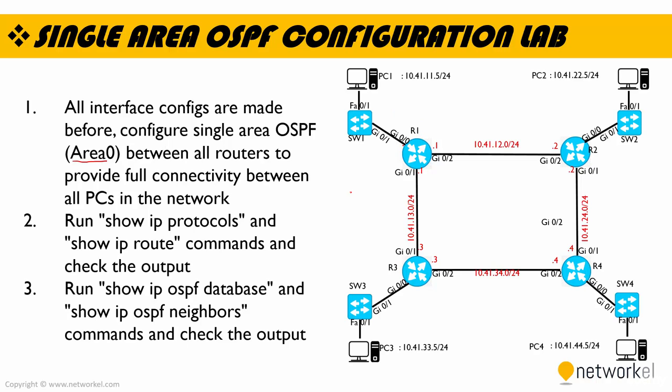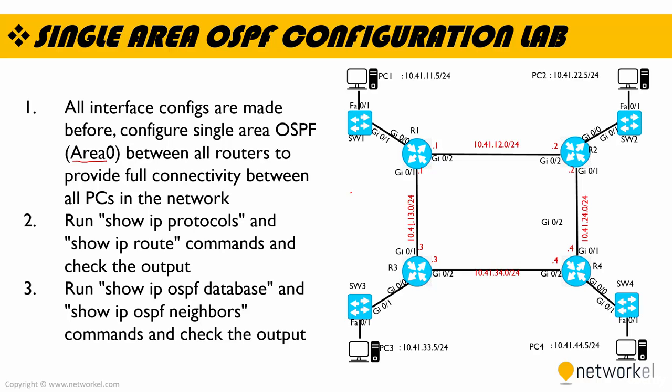To do it, I'm gonna check the interfaces' network IDs that routers are connected to. Then I'm gonna advertise those networks to my neighbors, and I'm gonna provide full connectivity between 4 routers and between 4 PCs also. That's gonna be a really cool session, guys.